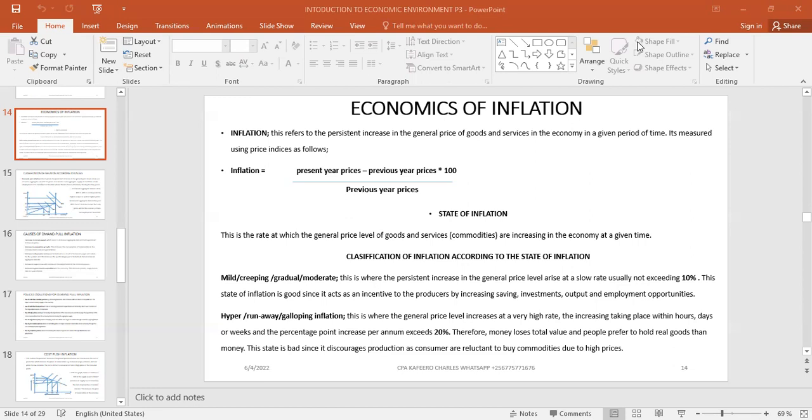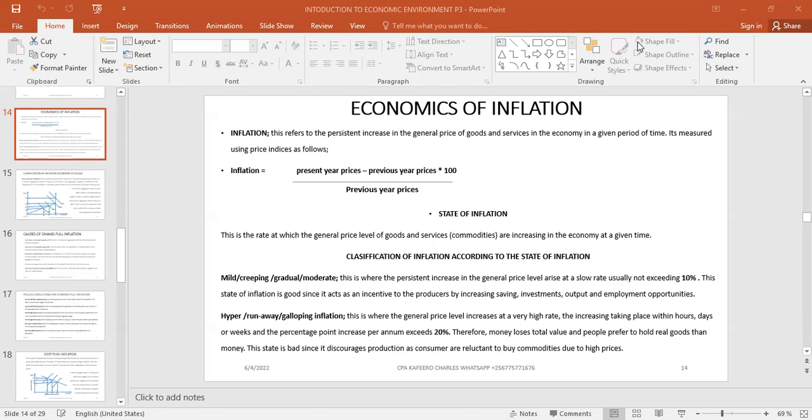The state of inflation is just the rate or the number of times the general price level of goods and services or commodities is increasing at a given period of time in an economy.